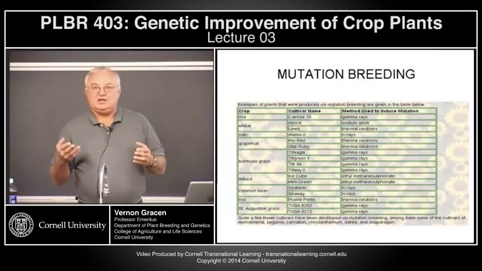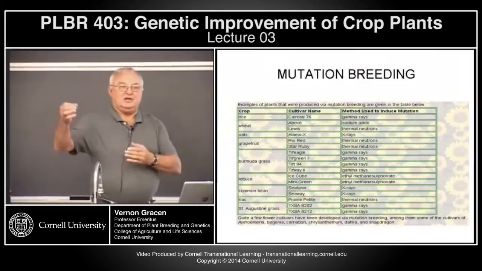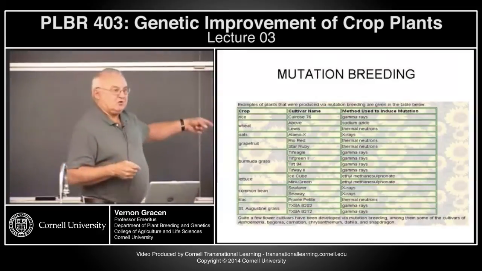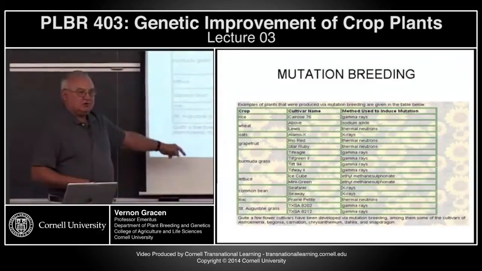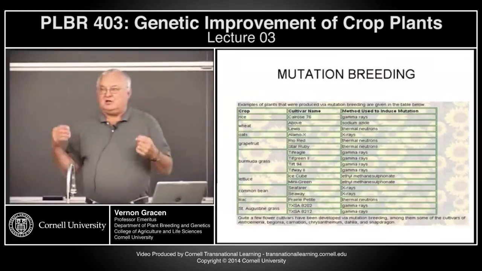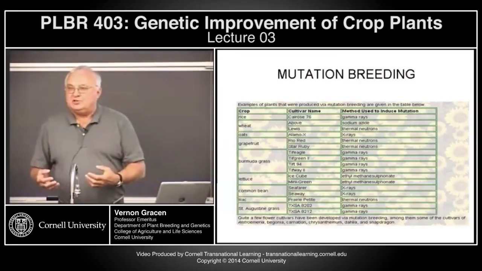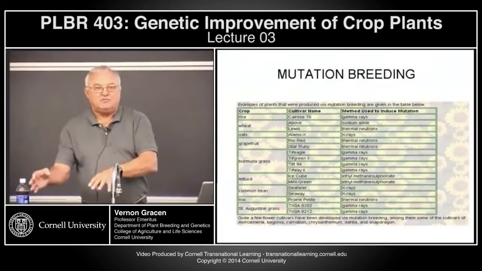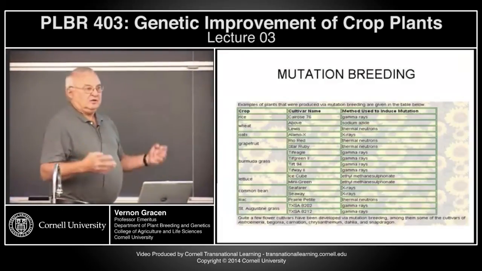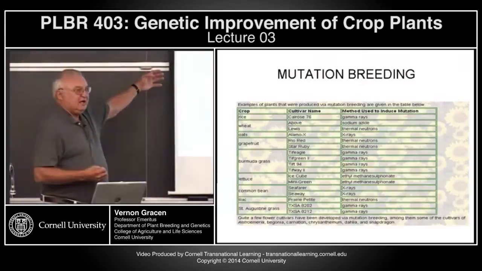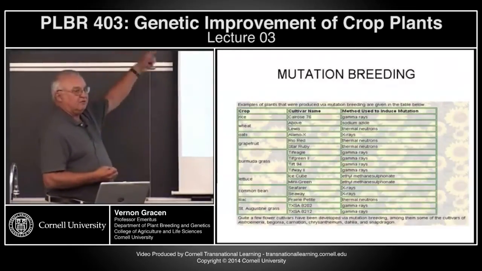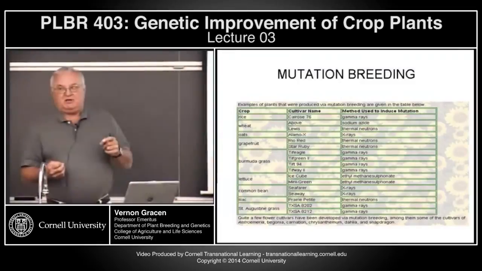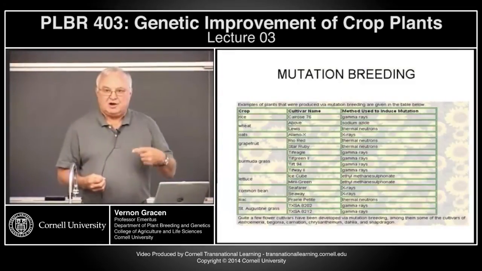And even though we say the rate of mutation in nature is about 1 in a million for any given locus, and we can increase that rate dramatically with chemicals or radiation, still 99% of all mutations either have no apparent effect or they're harmful, even lethal. So it really takes a lot of screening of irradiated or chemically treated progeny to identify mutations that are actually beneficial.